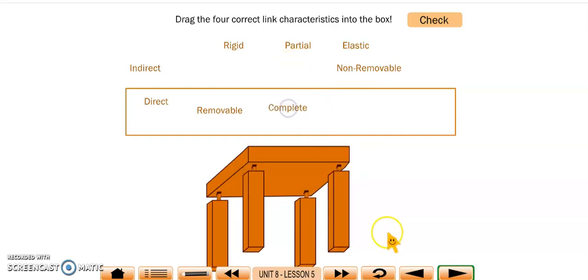Let's see, complete. And we're missing one more, rigid or flexible or elastic. So again, once we place the pieces, is there a third piece that allows elasticity? Or is it staying in place? I think you know the answer, rigid. And there you go.